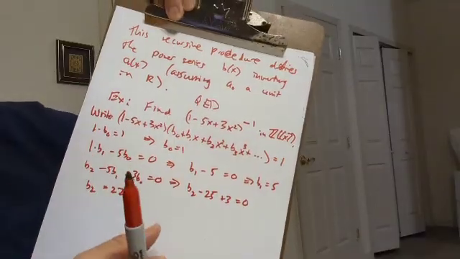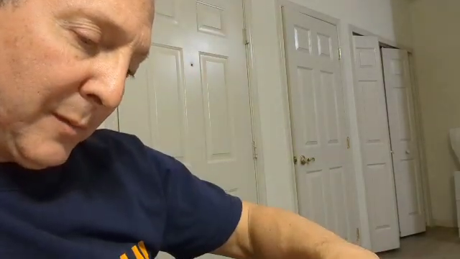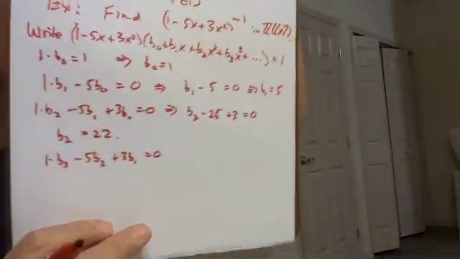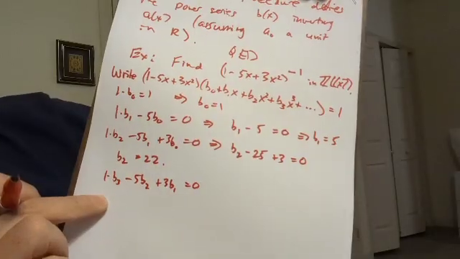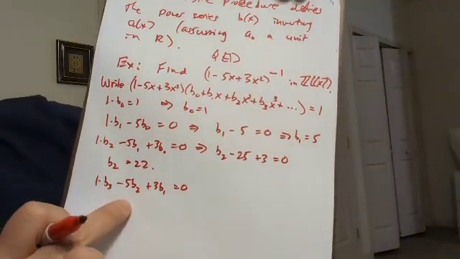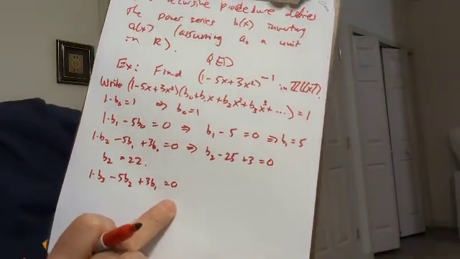So there's 3 ways we can get x cubed. 1 times b3 minus 5 times b2 plus 3 times b1 equals 0.